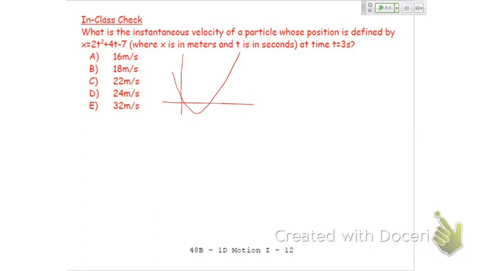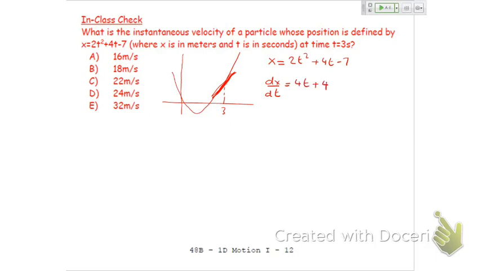And then I'm going to pick 3 seconds. I'm interested in that point there. That's the bit that I'm interested in. But I'm not going to do it graphically, of course. I'm going to do it in terms of differentiation. So x is equal to 2t squared plus 4t minus 7. So dx by dt, is this what the power rule is, 4t plus 4?